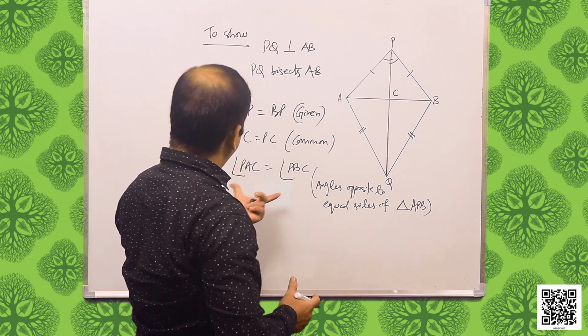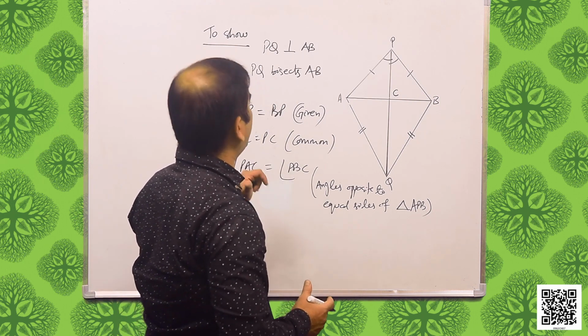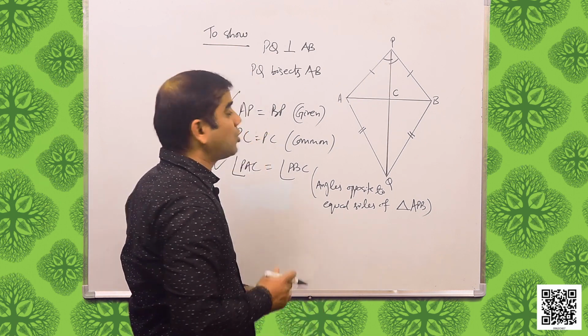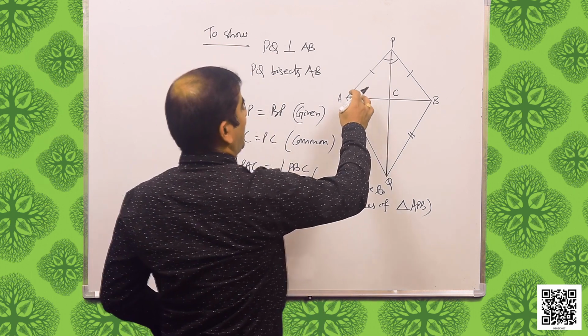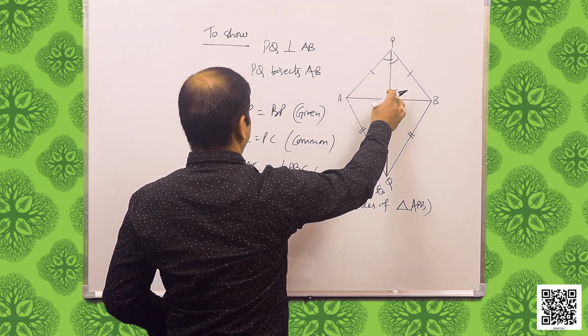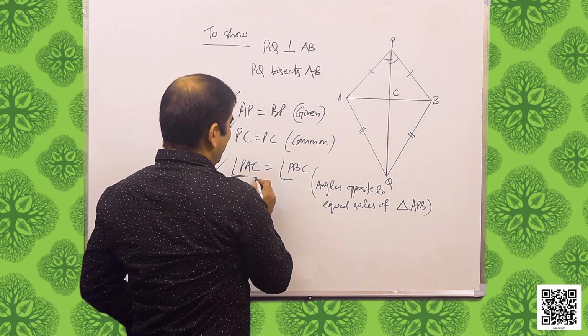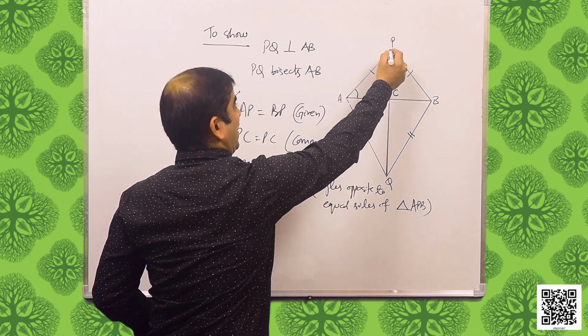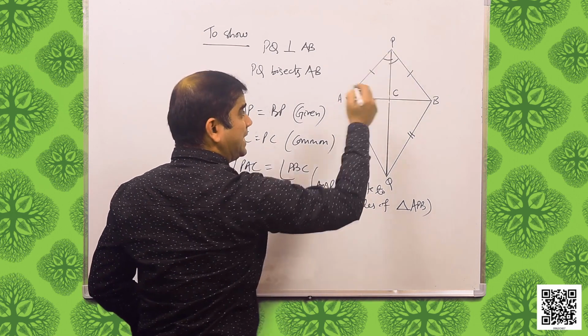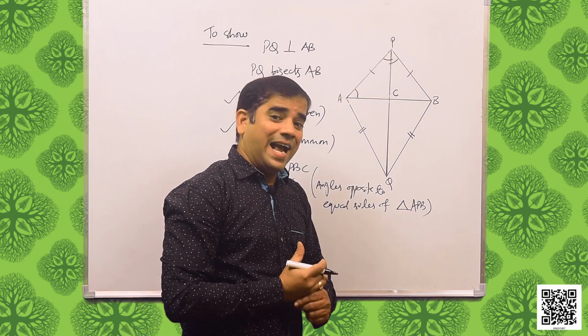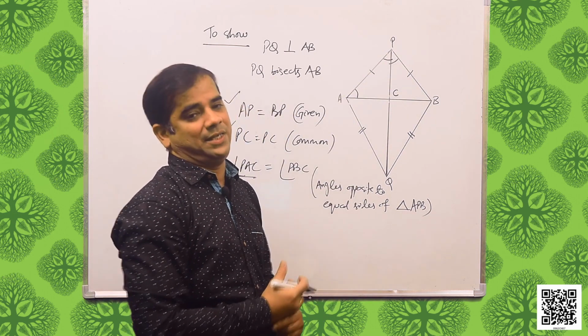Let us check whether these angles are included angles of those triangles or not. AP and PC. Okay, AP, PC and PAC. So this angle is not the included angle for AP and PC. So we cannot go for SAS rule of congruency.